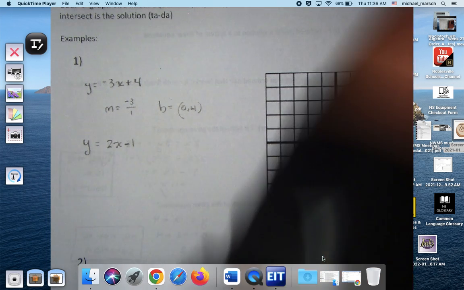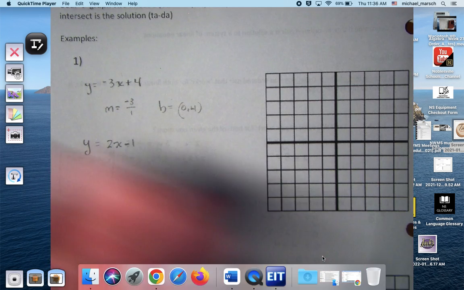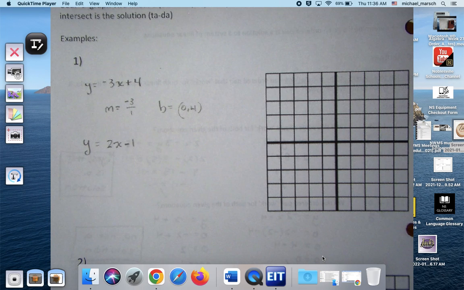Real smooth. Okay, so the way that we graph these, does anybody recall how to graph these? Maddie? You go down 3 and go over 1. Yep, but where do we start? Okay, guys, there's a lot of talking going on, and this is a really important moment because you're going to have to do this next week on iLearn.